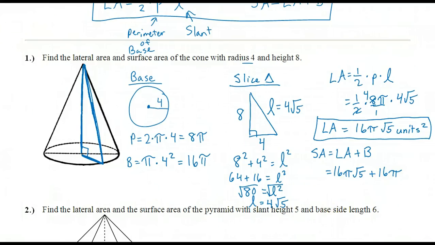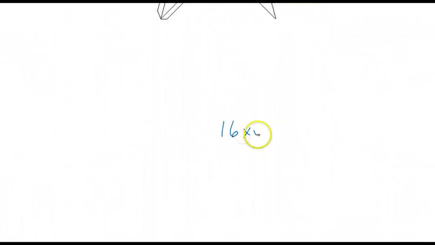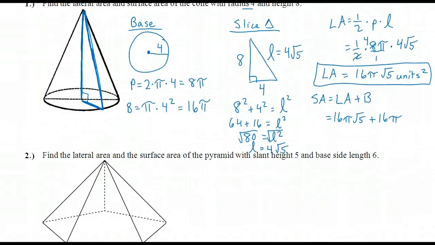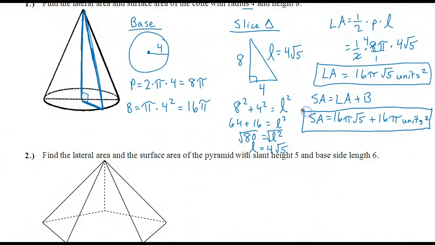If I had a problem that looked like 16xy plus 16x, xy and x are unlike terms. I can't add these two terms together. So when I have 16 pi square roots of 5 and 16 pi, these are unlike terms. This is as far as I can simplify. So my surface area is 16 pi square roots of 5 plus 16 pi.